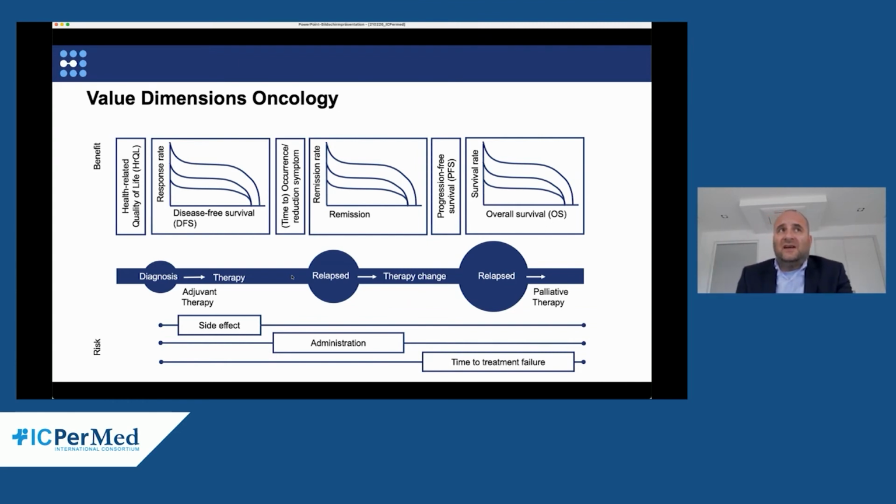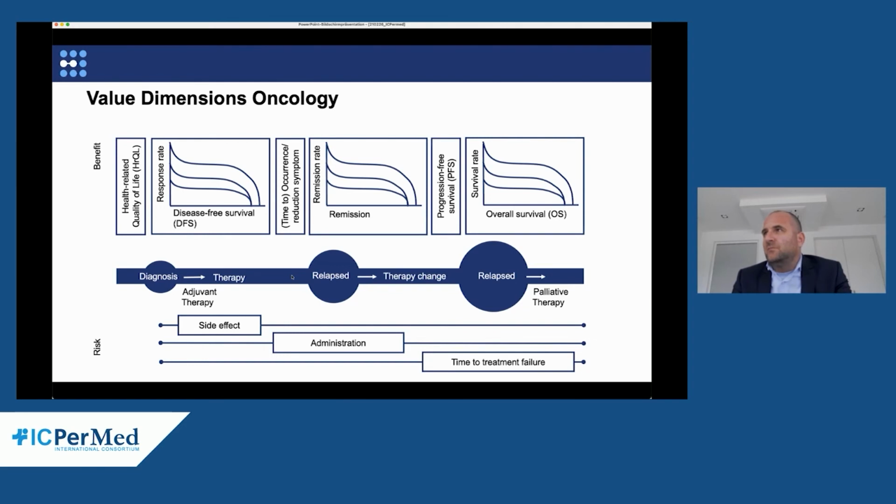And we do have quality of life, we have disease-free survival, we have remission, we have overall survival, and all these endpoints develop over time. Once a patient is moving on, getting his diagnosis, therapy, relapse, therapy changes, relapse again, and maybe all the way up to palliative care.